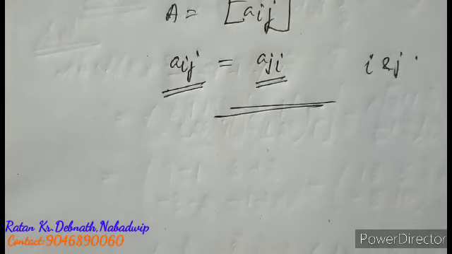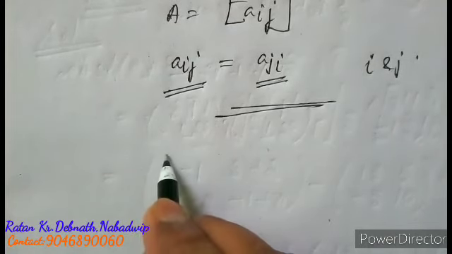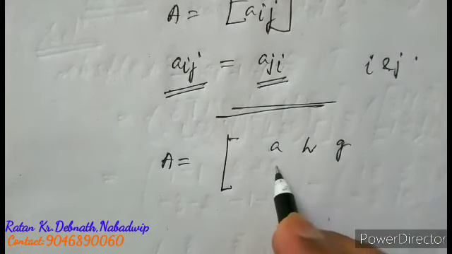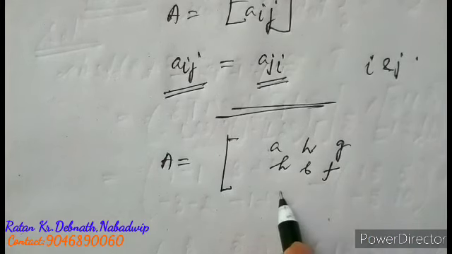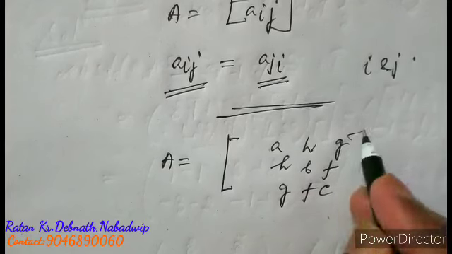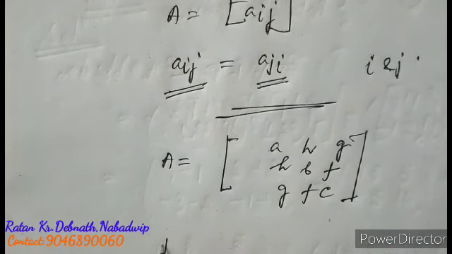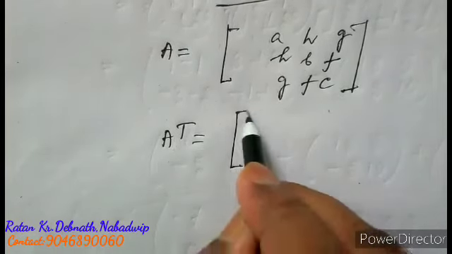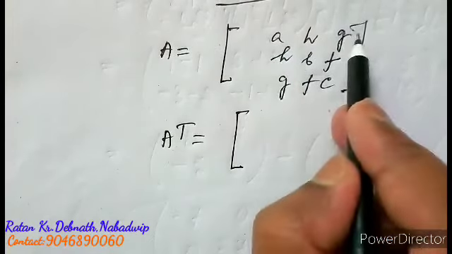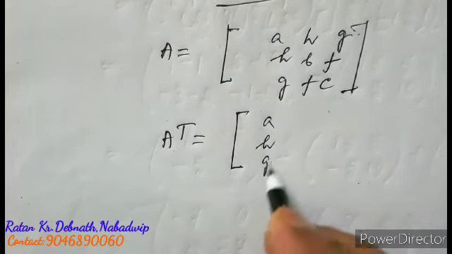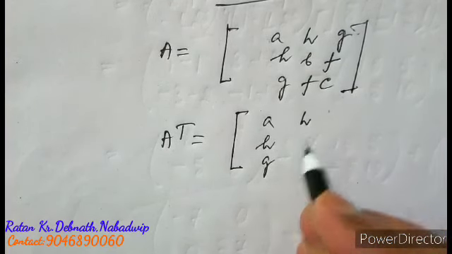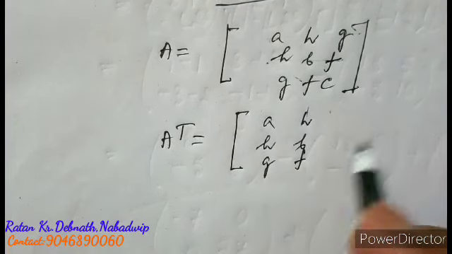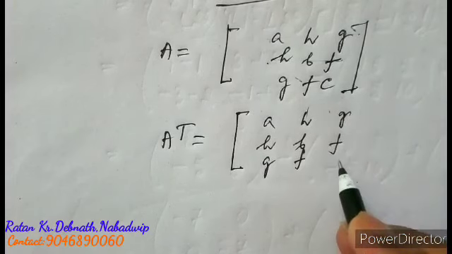As for example, let A equal to the matrix with rows a h g, h b f, g f c, and transpose of A. If you transpose A, you will get this row into column: a h g, h b f. The third row will be changed into third column, that is g f c.